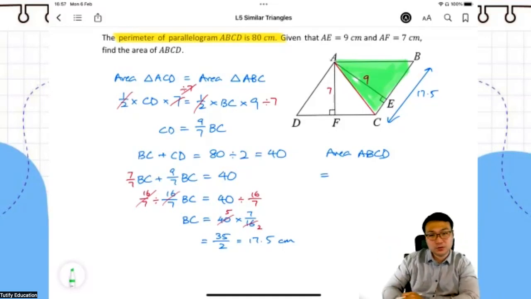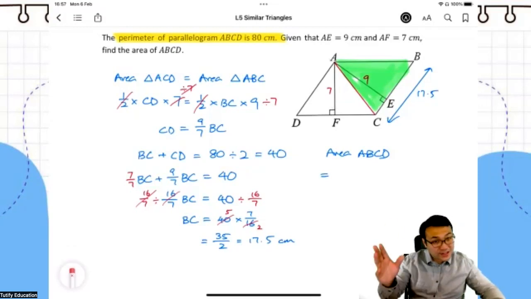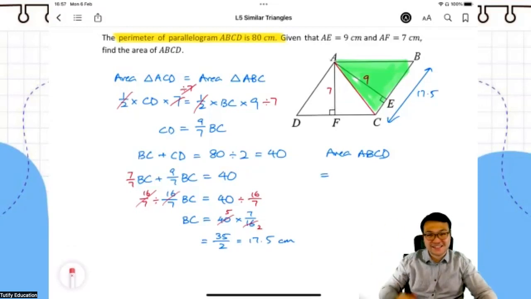Then after that, what do you do? I calculated it out. I think it's 157.5. Okay, fine. So 157.5 is the area of the green triangle. Then after that, 157.5 times 2. Very good. So green triangle times 2 equals the parallelogram. Well done, Kaden. You are correct.